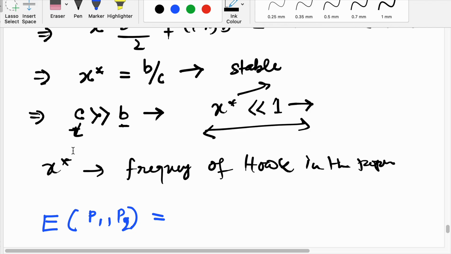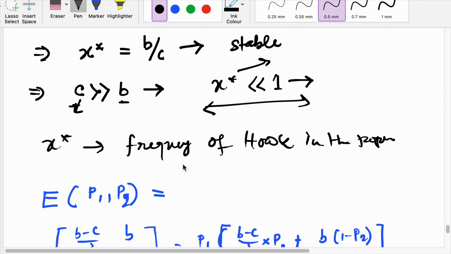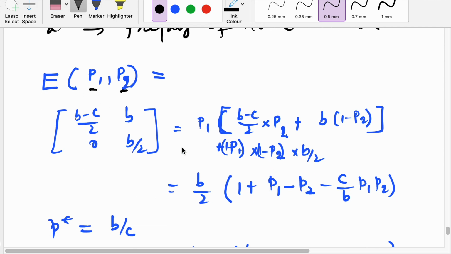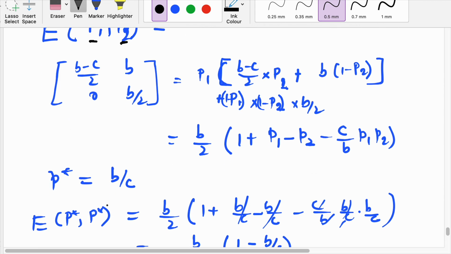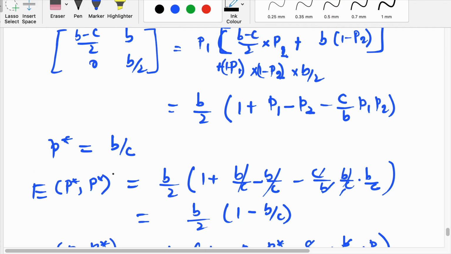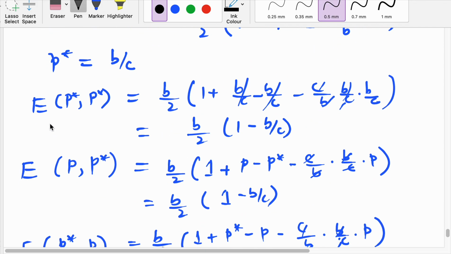Now what we did, we saw that if strategy p1 and p2 are playing, then how much payoff they will get on average. So this is basically the average payoff calculation. And then we saw why this internal fixed point is an ESS. First we calculated what, on average, the strategy p star will get if it plays against a p star strategy; it will get this much payoff.